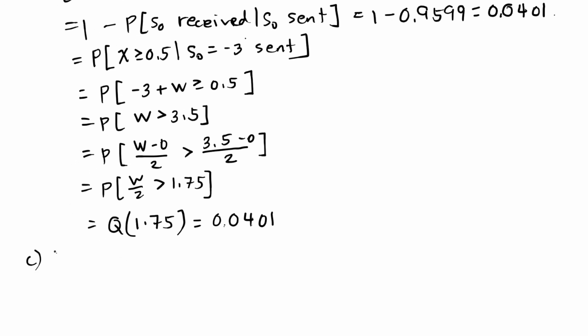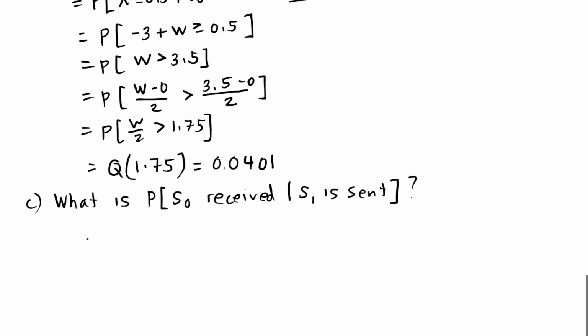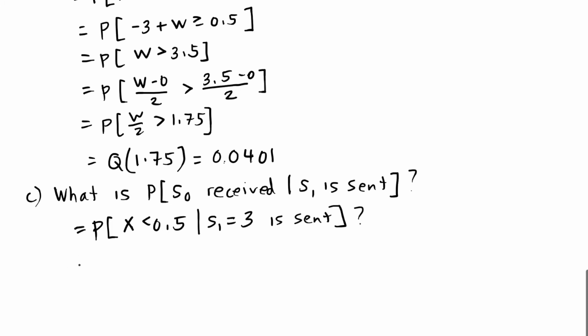Our question in part C is, what is the probability that 0 is received if S1 is sent? This is the probability that x is less than 0.5, because I'm asking for the probability of S0 being received given S1, which was positive 3.